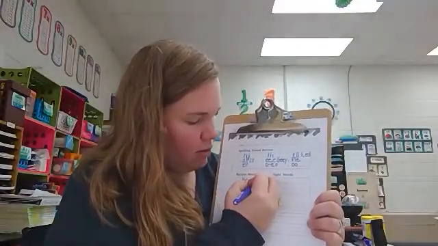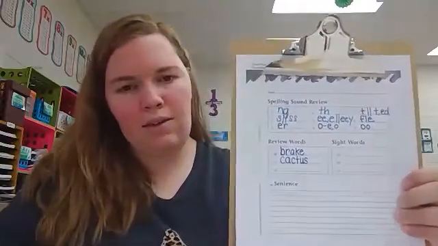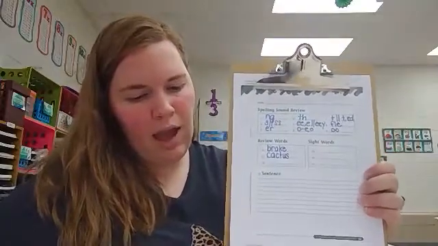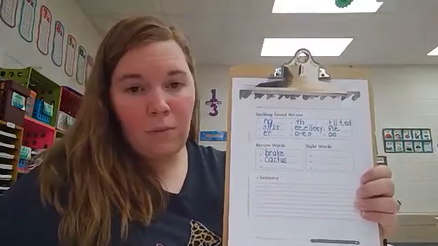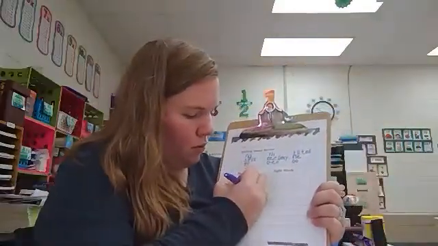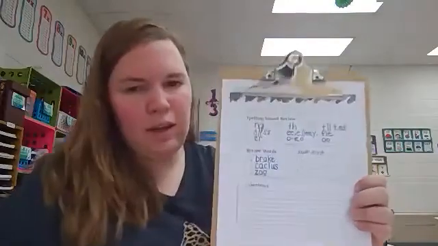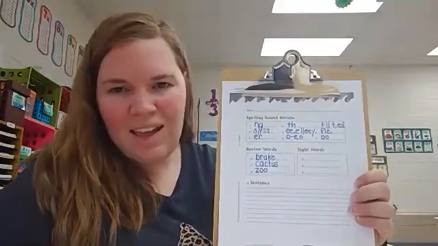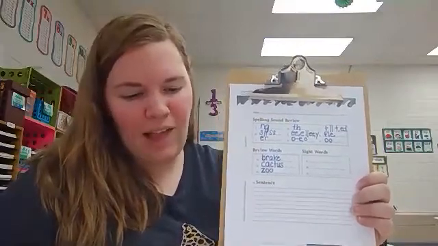Cactus is spelled C-A-C-T-U-S. Cactus. And number 12, spell the word zoo. Zoo. Z-O-O, zoo.